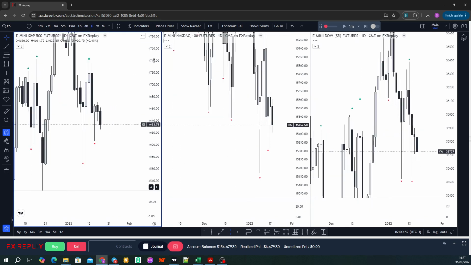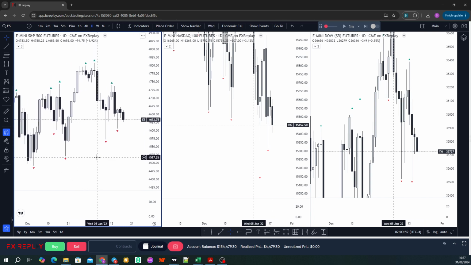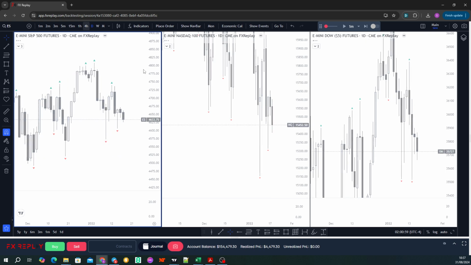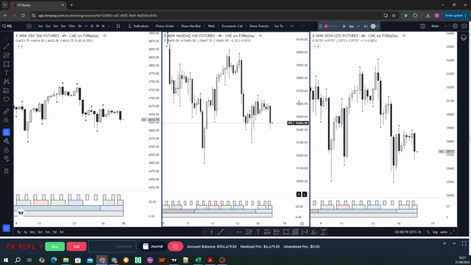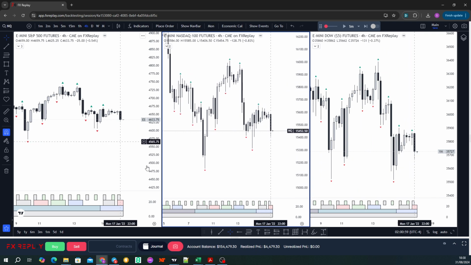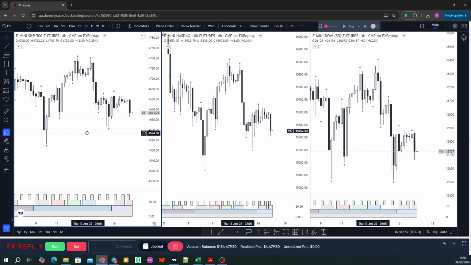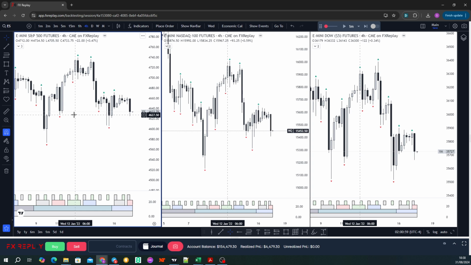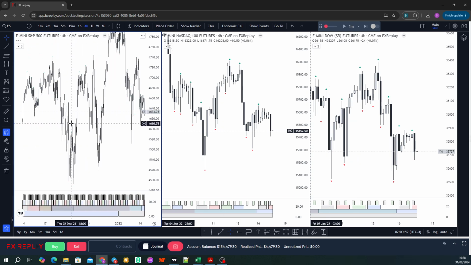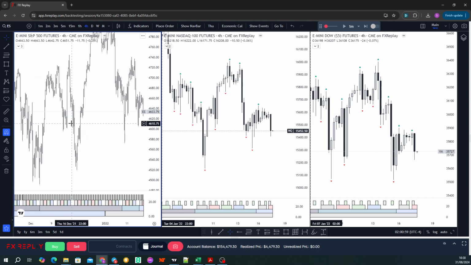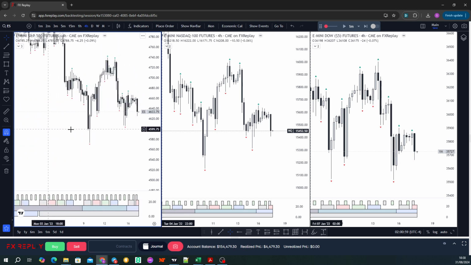So as usual, we're going to evaluate sort of a top down. I'm going to start on the 4 hour just because I get a better visual on certain things. I just never understand why the colours are so weird, but nonetheless, where's the beginning of the year? It's there.